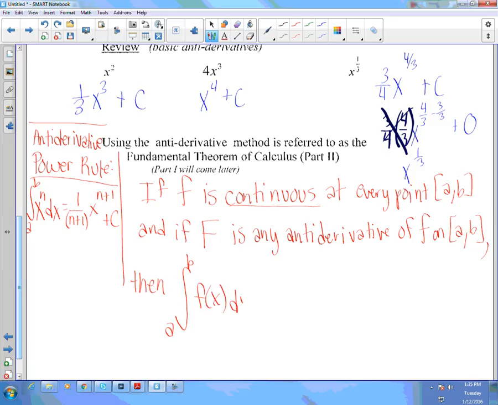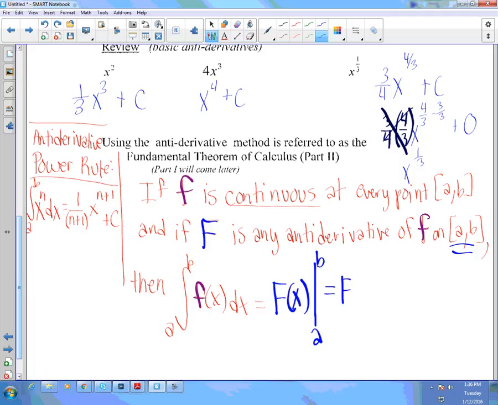Notice in my integral, do I have a capital F or a lowercase f? The integrand is lowercase f. As long as f is continuous on the closed interval, when you take an antiderivative, we get capital F. Capital F is any antiderivative on that same closed interval from A to B. Today we're actually going to learn how to evaluate it by hand.